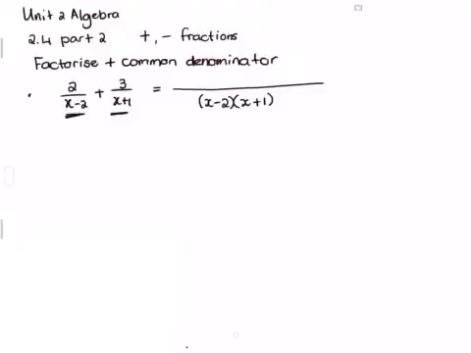Now you go back to the top and you say, what did I multiply the x minus 2 by? I multiplied by x plus 1, then I must do the same at the top. Then the x plus 1 was multiplied by x minus 2, so I must do the same at the top.